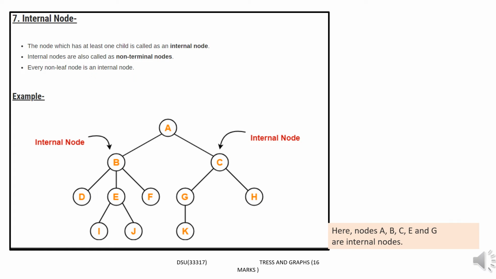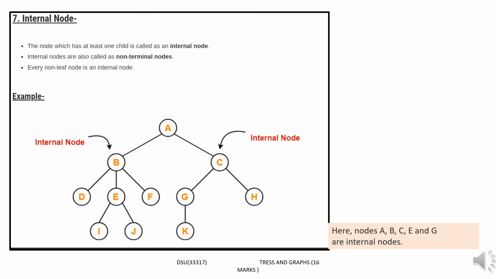Internal node. The node which has at least one child is called an internal node. Internal nodes are also called non-terminal nodes. Every non-leaf node is an internal node. Okay, see here, in this tree B and C are the internal nodes.